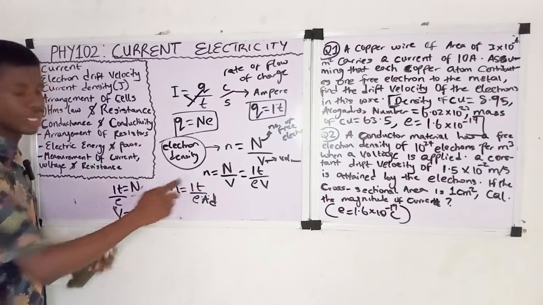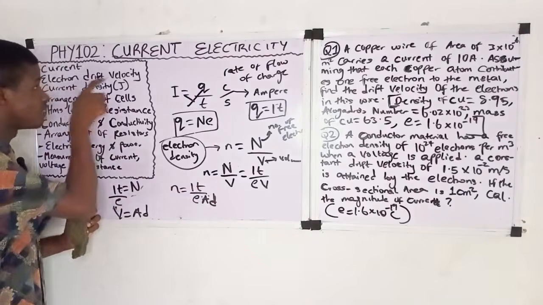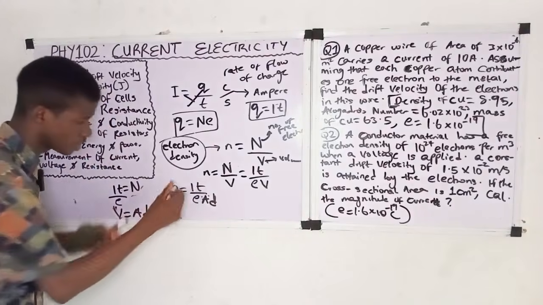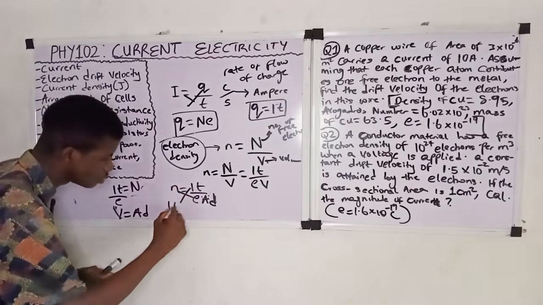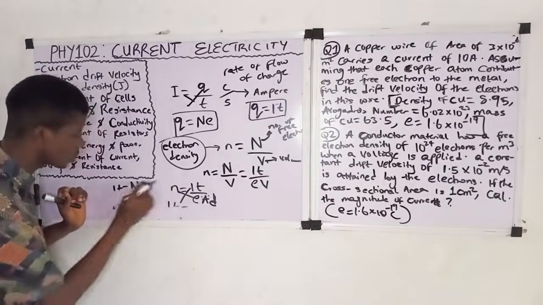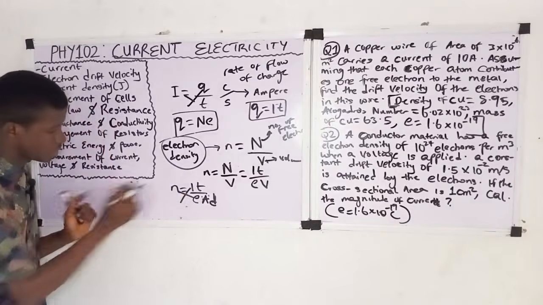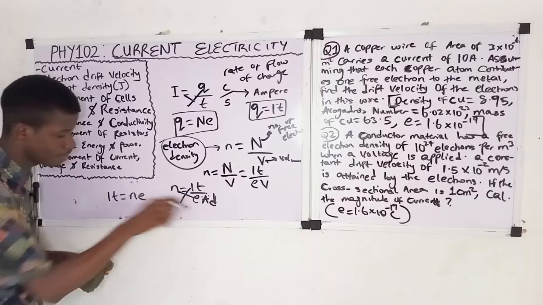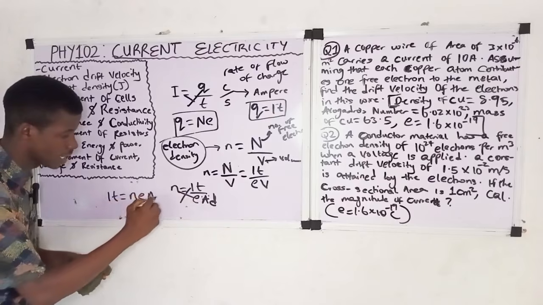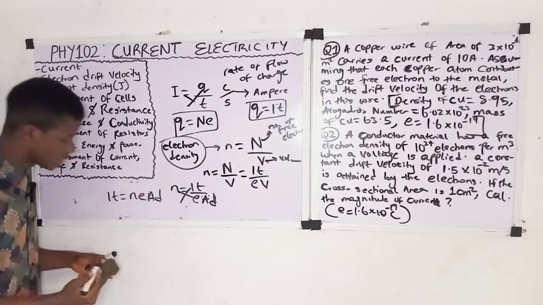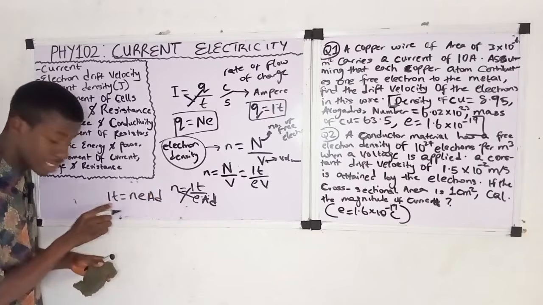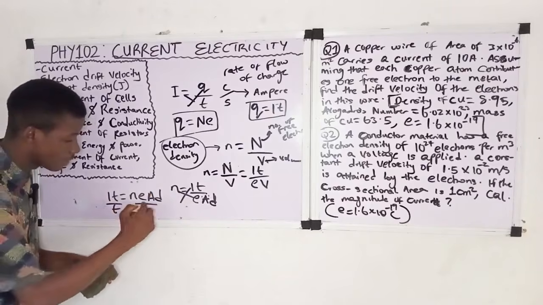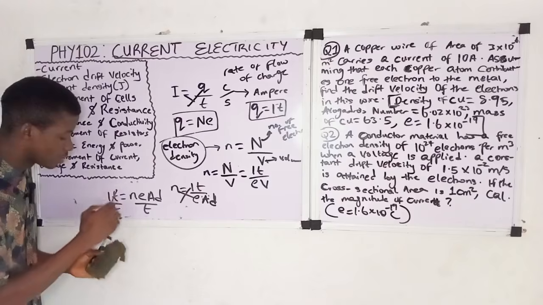We want to get velocity, so let's make current stand alone, cross multiply. So IT will be equal to N times the charge of electron times A times D, AD. Now we want to make current stand alone, so divide both sides by T. This one will cancel this.